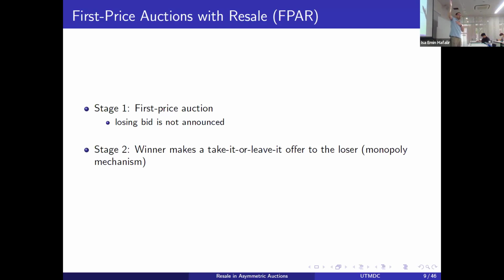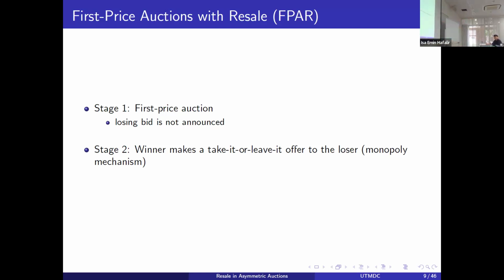It cannot be higher than some particular value, for instance, but I do not exactly know it. If the losing bid were announced, and if we had monotone strategies, then I would know exactly on the equilibrium path what my opponent's value is. And if this is higher than my value, I would just make a take-it-or-leave-it offer at that value minus epsilon, and it would have been accepted.